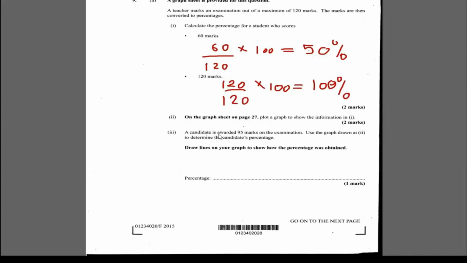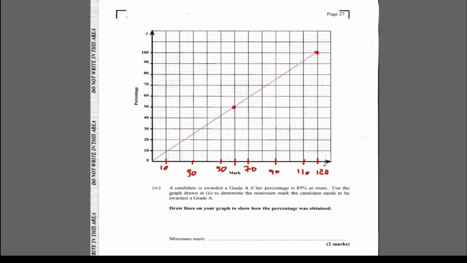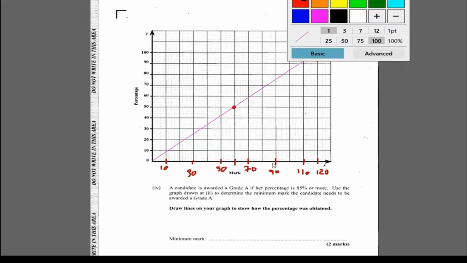Next it says a candidate was awarded 95 marks on the exam. It says use the graph to determine the percentage. Now what you're going to have to do, using the graph, is go to 95 marks. This is 100 marks, so 95 is in between.